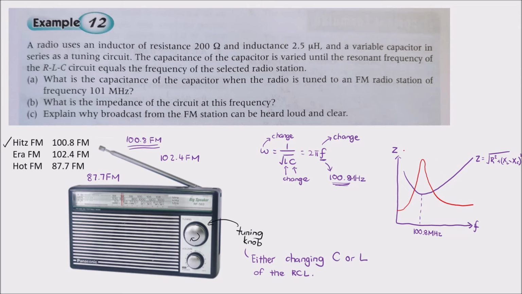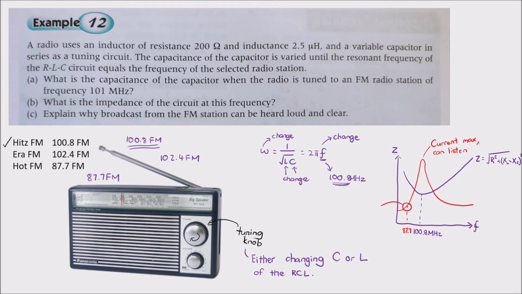So here the current is maximum, so you are able to listen to things being broadcasted in this frequency clearly. But let's say for 87.7 FM, let's say Hot FM might be around here.